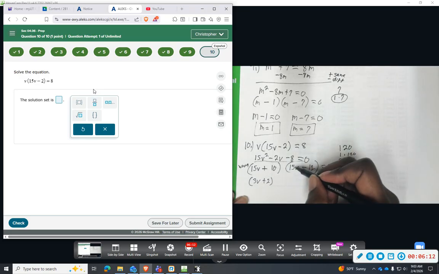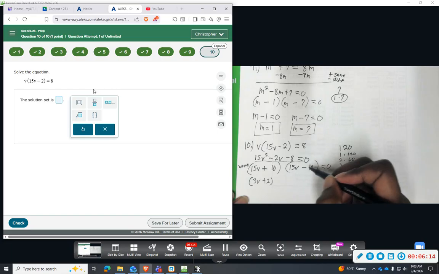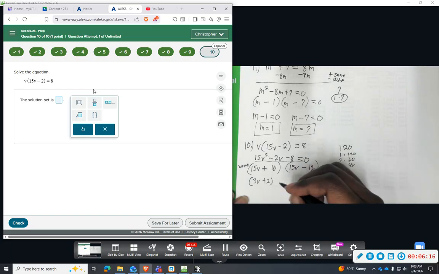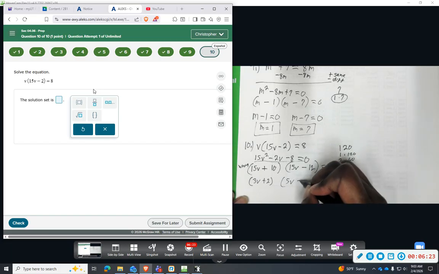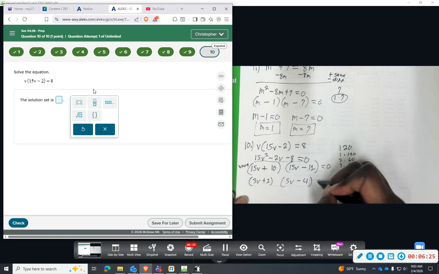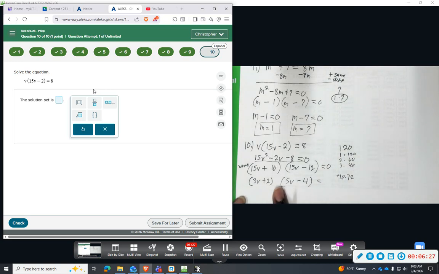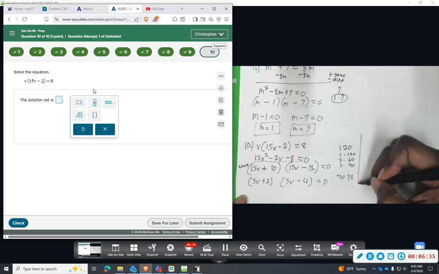And then over here, both of these terms can be divided by 3. So divide by 3, and this gives me a 5v. Divide by 3, minus 4. These are my linear factors, and we're going to set both of these equal to 0 and find our solutions.